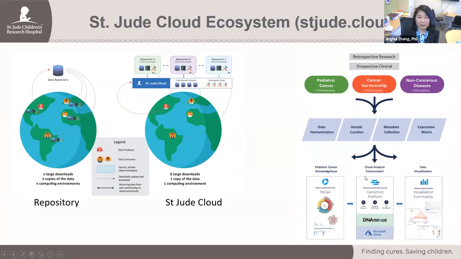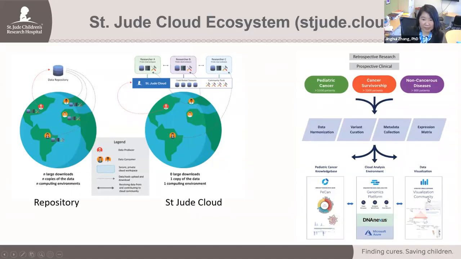Another part is what we call the pediatric cancer knowledge base, or PeCan, where we have published data and curated data from PCGP and other studies, so that the research community can freely access this information without having to curate data from different resources.